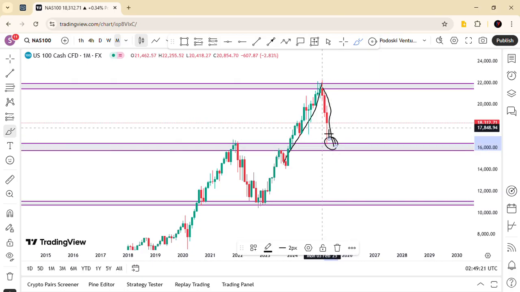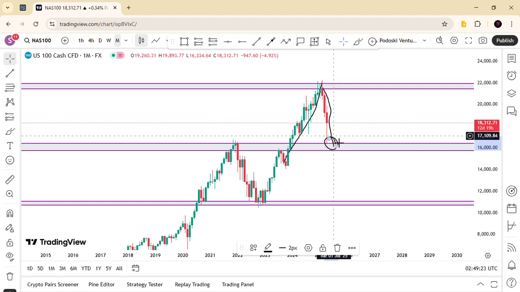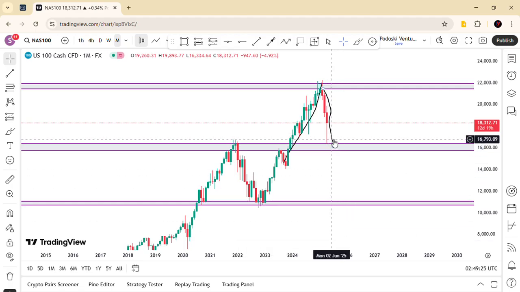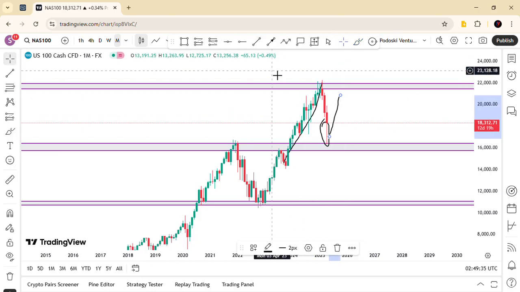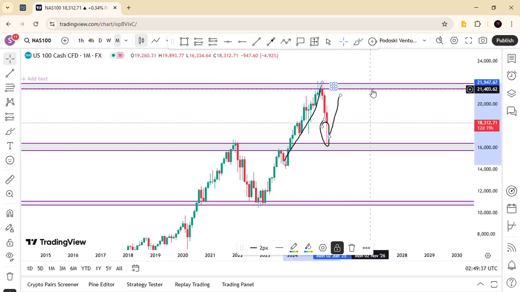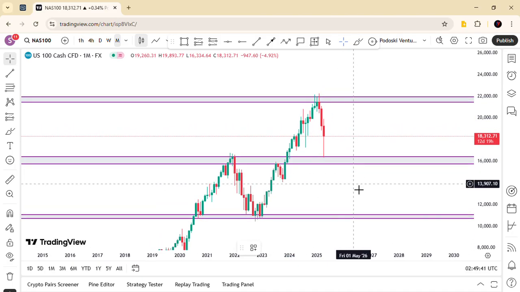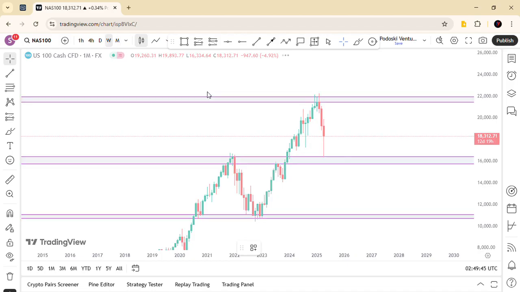You see the buying pressure coming in, pushing NAS 100 all the way to the upside. So as we go to the lower time frames, we are going to be looking for buying opportunities on NAS 100.